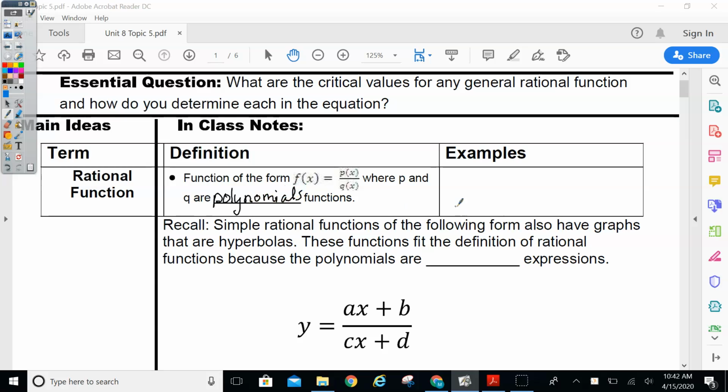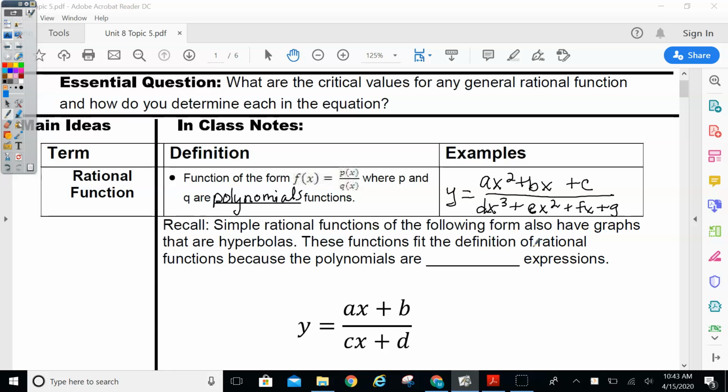That means instead of just y equals mx plus b, I now have a quadratic maybe, ax squared plus bx plus c, over some other polynomial, maybe a cubic, dx cubed plus ex squared plus fx plus g, or something like this. So now we're dividing more than just linears.